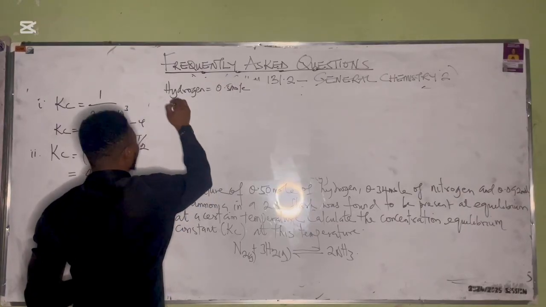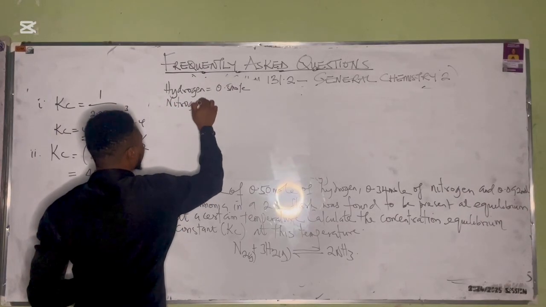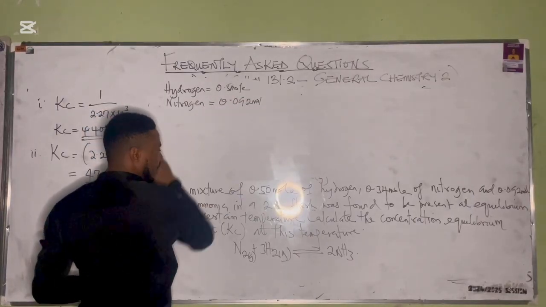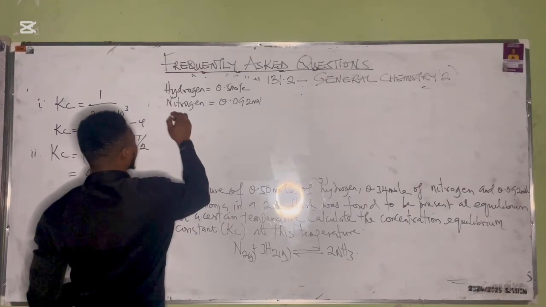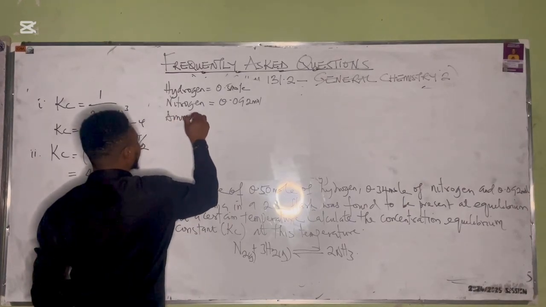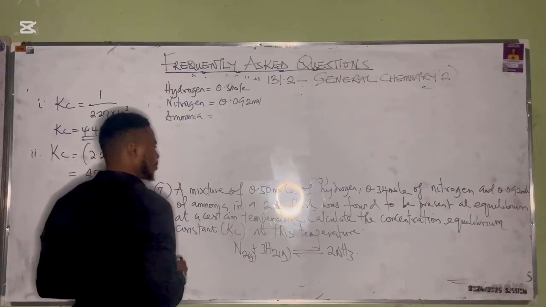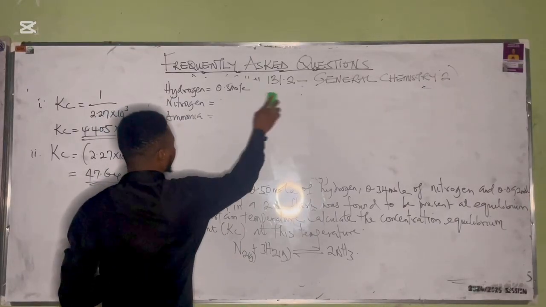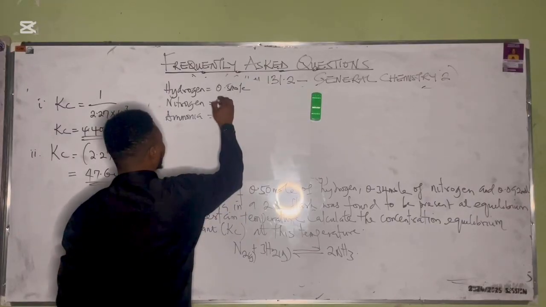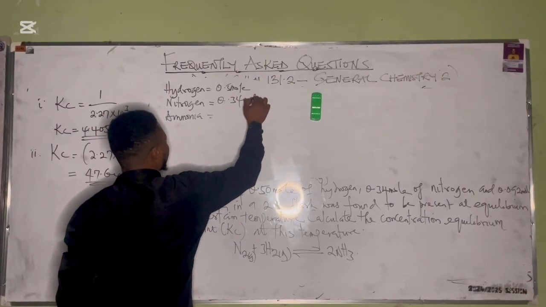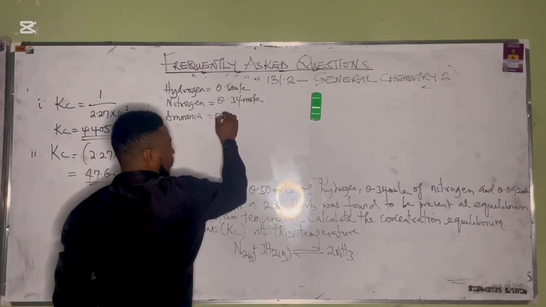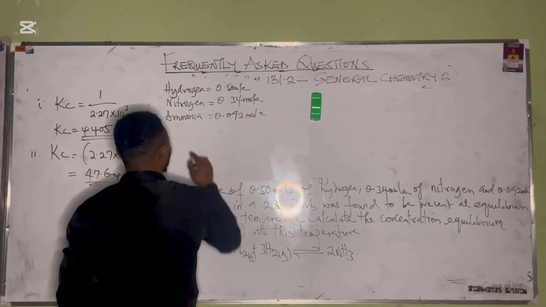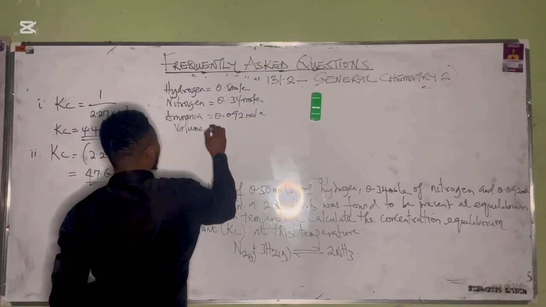Nitrogen is 0.34, no, 0.34 for nitrogen. Ammonia is 0.092 mole. Now in a 2-liter flask, so volume here is 2 liters.